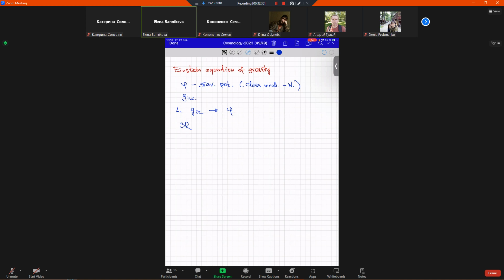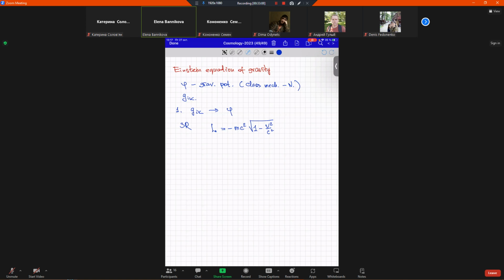So in special relativity, the Lagrangian, which you worked with in some previous lectures on electrodynamics, I will remind you, is minus mc squared times the square root of 1 minus v squared divided by c squared. This is the relativistic case, in the general case of special relativity.